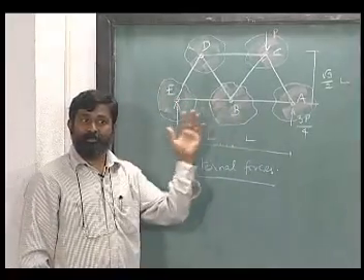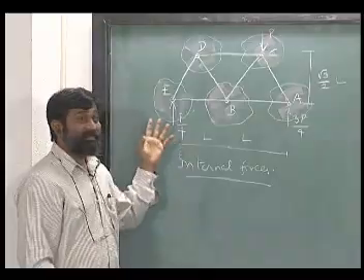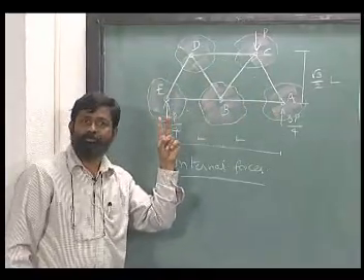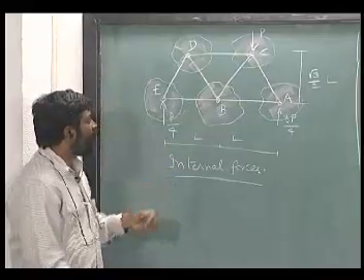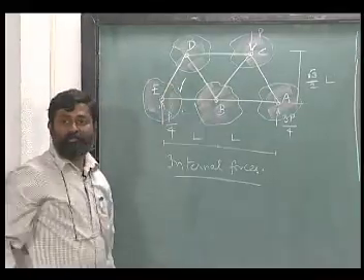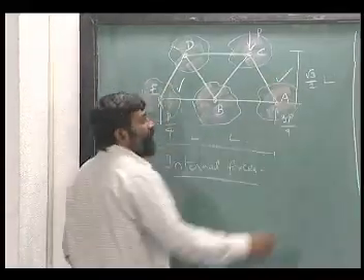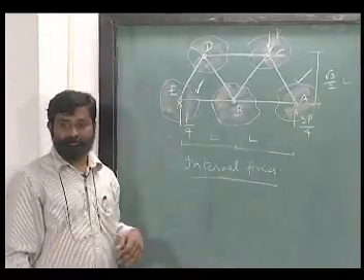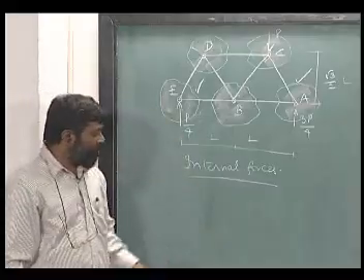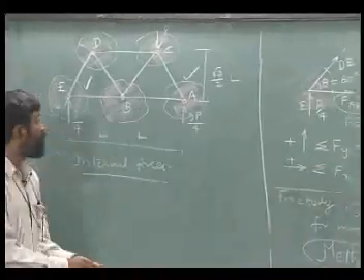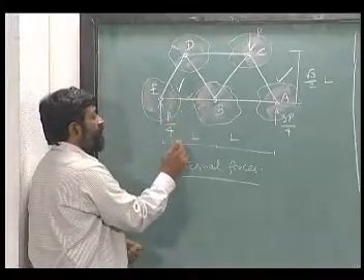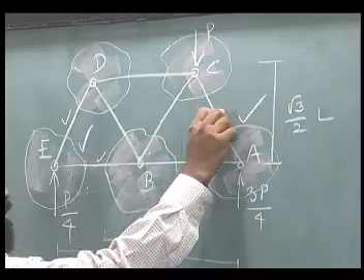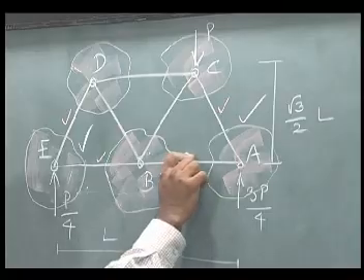And therefore the first attempt that I will make is to find out if there are joints with only two member forces. What are they? E, A are the two joints which have only two member forces. From these what will I find out? I will be able to find out BE, DE, AC, and AB.